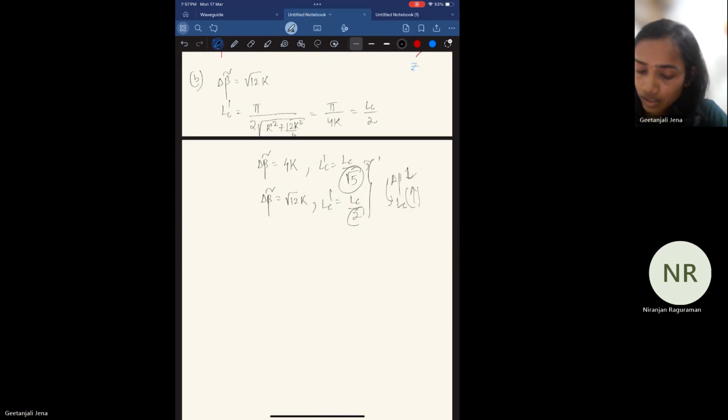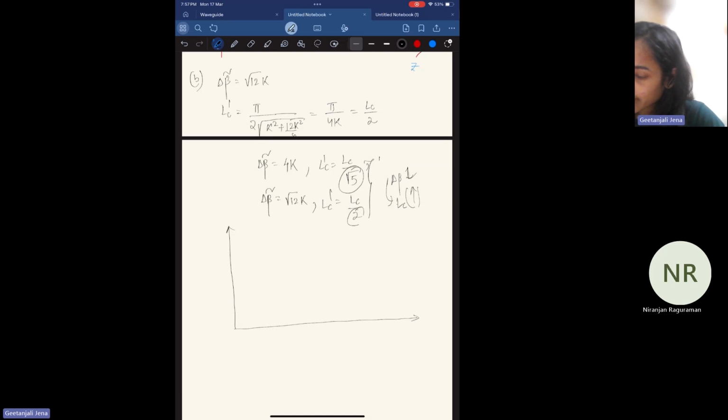Okay. So if you plot the graph now, the maximum power. So just first find out what is the maximum coupling power to port 2 for this case. So this is kappa square over gamma square.